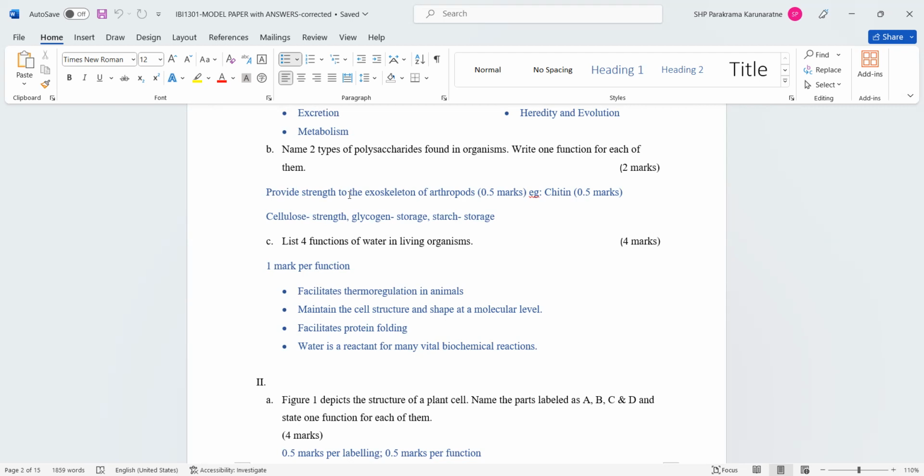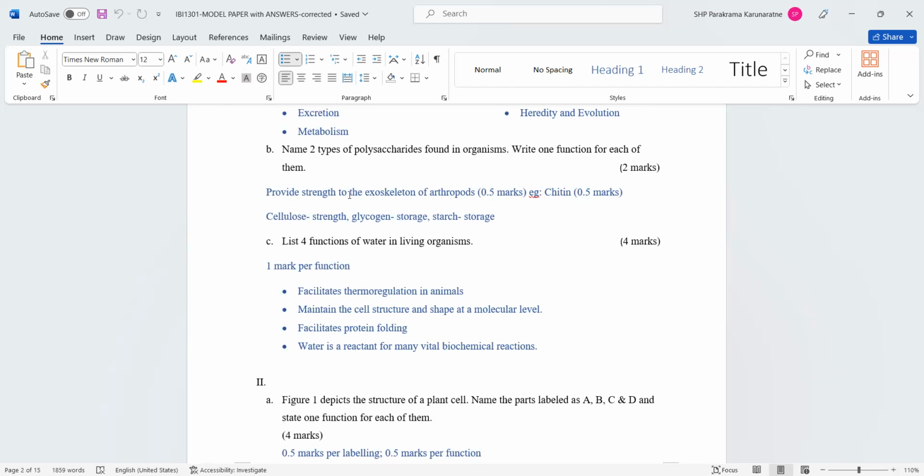So water is important there. Maintain the cell structure and shape at a molecular level. Facilitate protein folding. Water is a reactant for many vital biochemical reactions. It acts as a medium for various things. So if you write any of those, you can get marks.